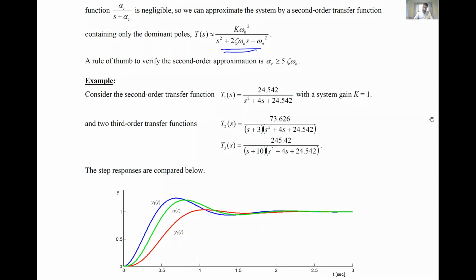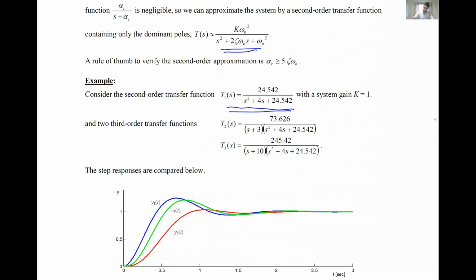So let's consider an example. In this example, the original transfer function, the second order transfer function that is considered, is this one, T1. In this case, we are considering two transfer functions, which are third order, T2 and T3. These two transfer functions are created by just multiplying a factor.